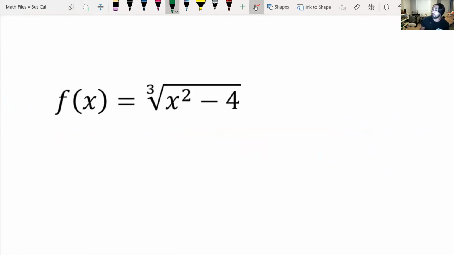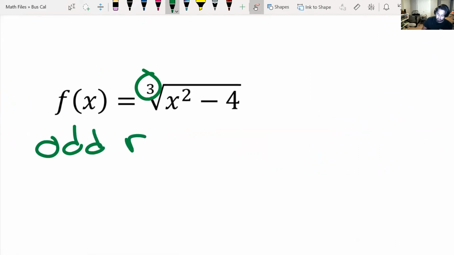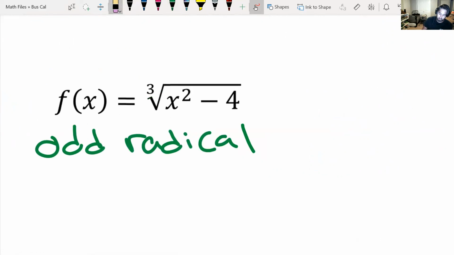Okay, next one. F of x equals the cube root of x squared minus 4. Well, what type of root do we have? We have a cube root function, so we're going to say an odd radical. And if you remember the properties above on your paper, it matters what's inside, but inside we have a polynomial.